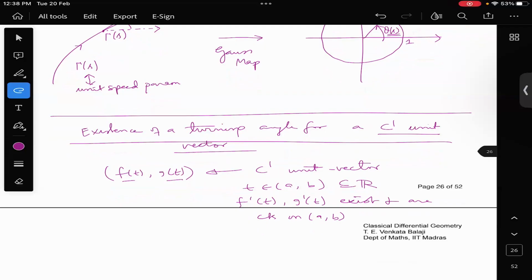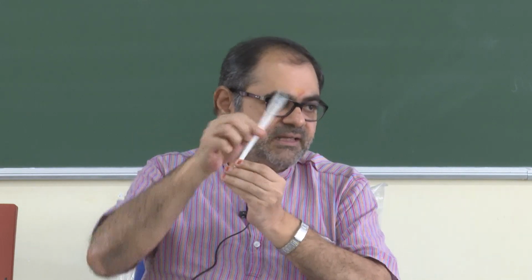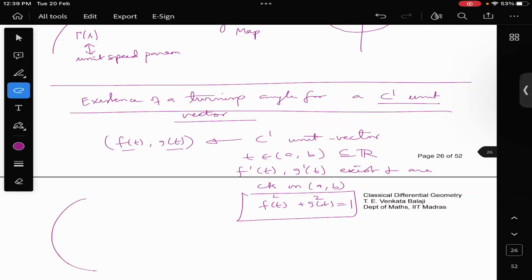So this is a point on the unit circle, so you have f(t) squared plus g(t) squared equal to 1. Basically it's this picture of a pointer on the unit circle, where this pointer is your unit vector, and it's changing as the parameter changes, okay. So this is my picture. This is my unit circle, and I have this point here, (f(t), g(t)). And basically you want to show that there exists a turning angle.